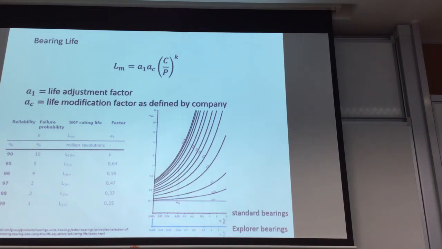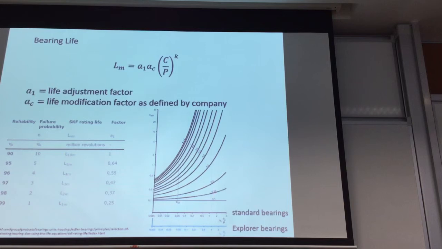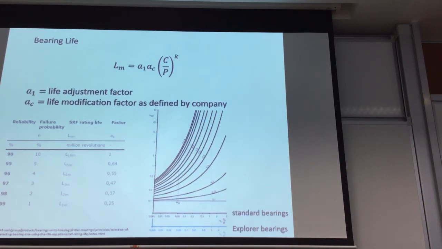These are things you just have to be aware of when you read off the catalog on how to calculate this lifetime. If they don't tell you any of these factors, you just use the standard one. Otherwise, if they tell you some factors, then you should also try to use them. SKF, for example, has different types of bearings, some standard, some they call Explorer, with different modification factors.